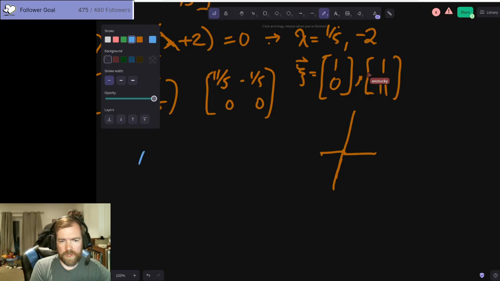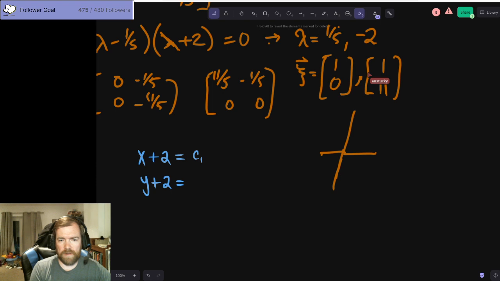this would actually be x plus 2 is equal to, and y plus 2 is equal to. And we'd have our C1, bottom one is 0, so actually we can just get rid of that.